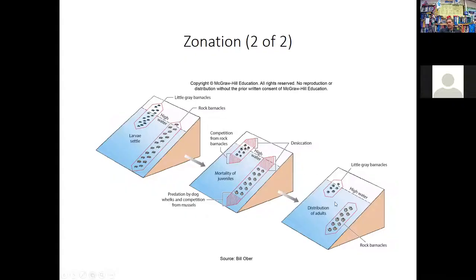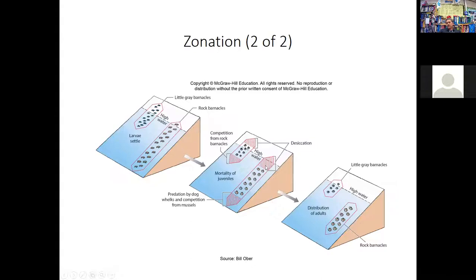This diagram shows you the realized niche, where over here it's more of a theoretical niche, or area where these guys might possibly live. Right here, this rock barnacle can live through this whole range, but practically speaking, it doesn't.